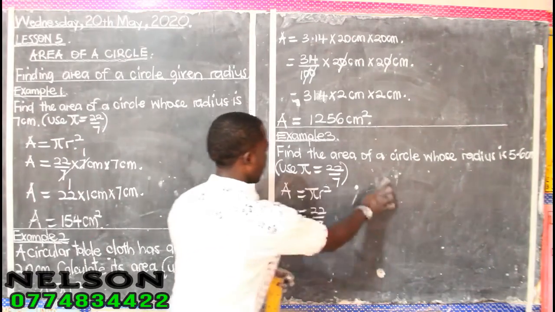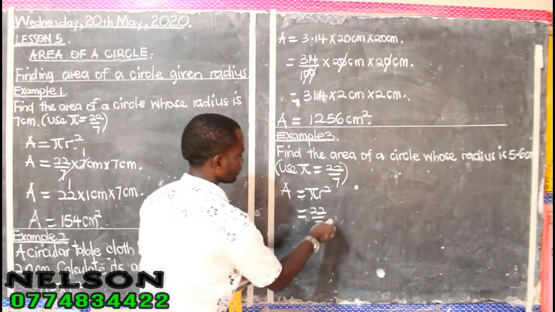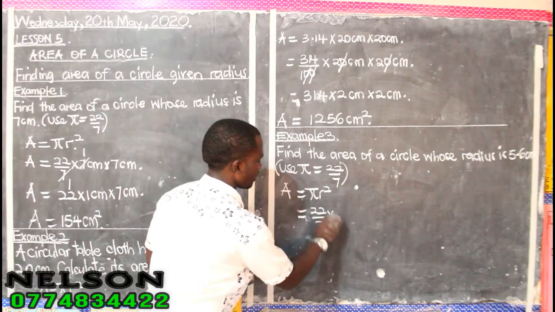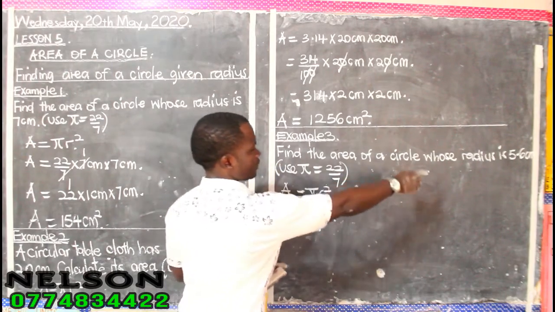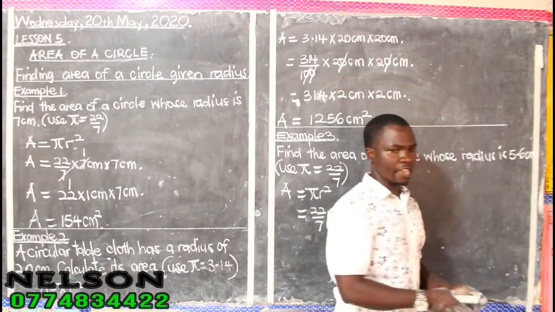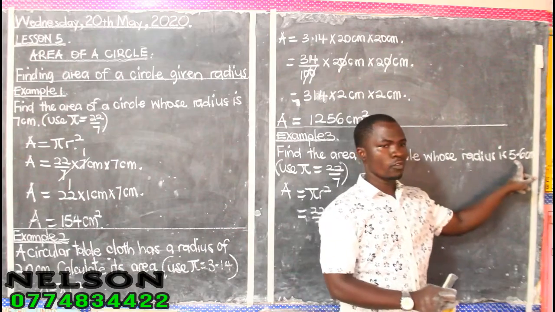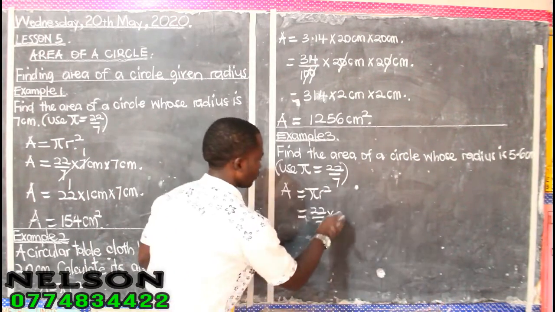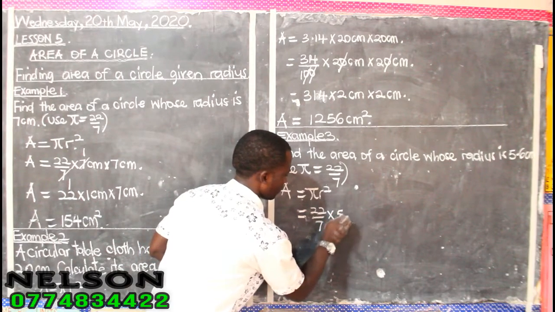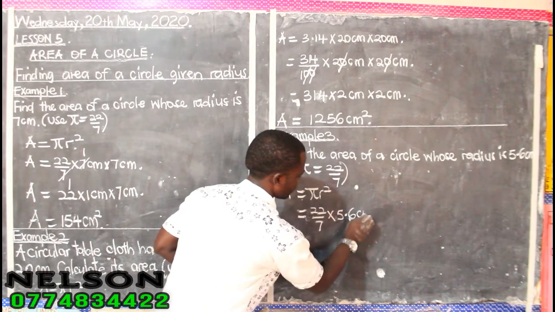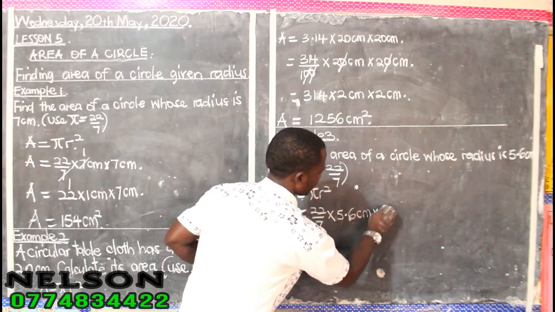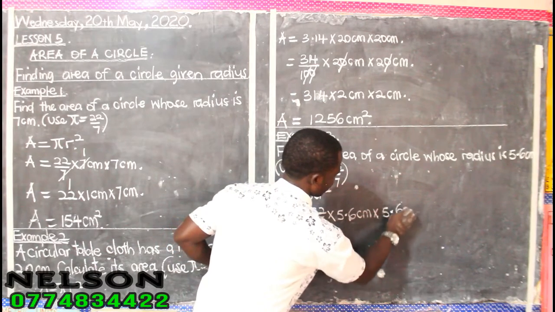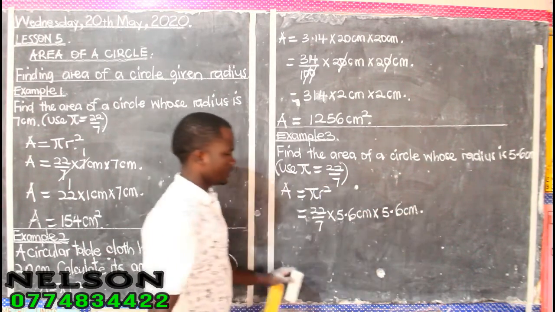So we shall come down and have 22 out of 7 times the radius of 5.6 centimeters times 5.6 centimeters.